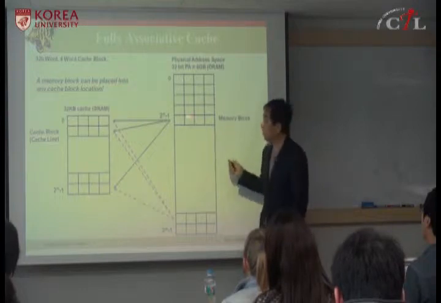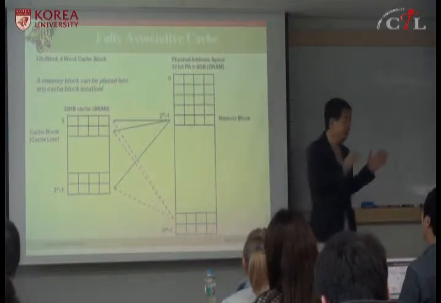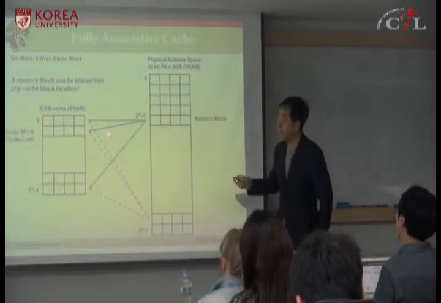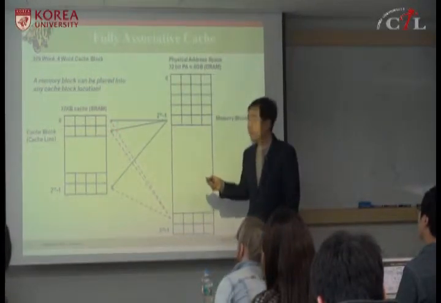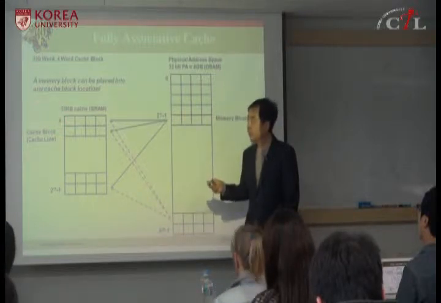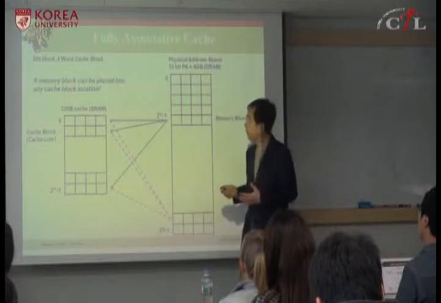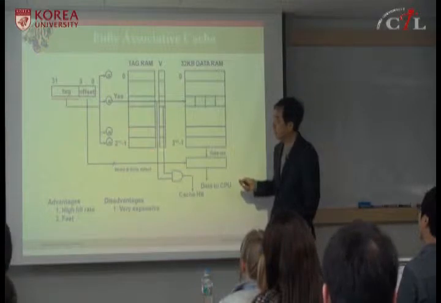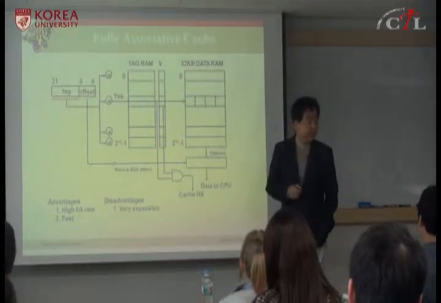So whenever you put a memory block into a cache block, you need another piece of information called the tag for each cache block. This data or instruction block comes from the memory block address given by this 28-bit tag. So the tag array contains the address of each memory block in the cache.